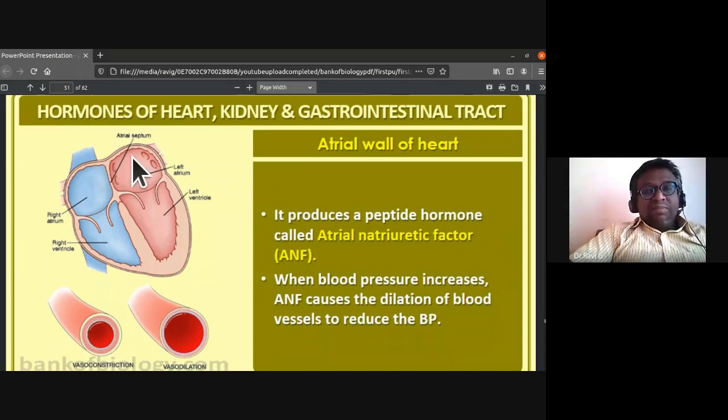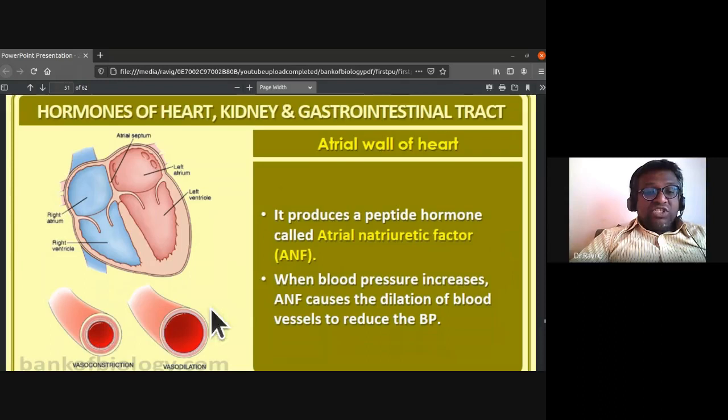So whenever the blood pressure increases, the atrial natriuretic factor causes the dilation of blood vessels to reduce the BP. So whenever the blood pressure increases, they cause the dilation of blood vessels so that they can reduce the BP or blood pressure.